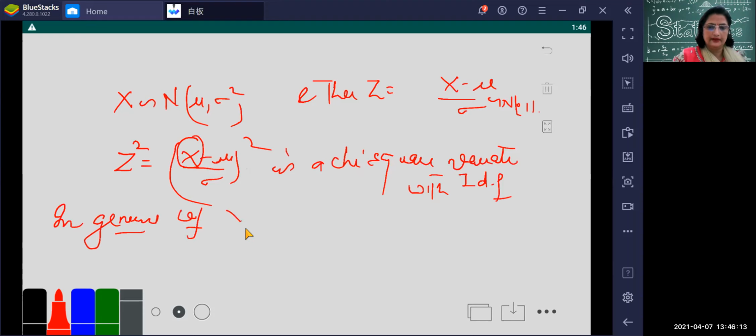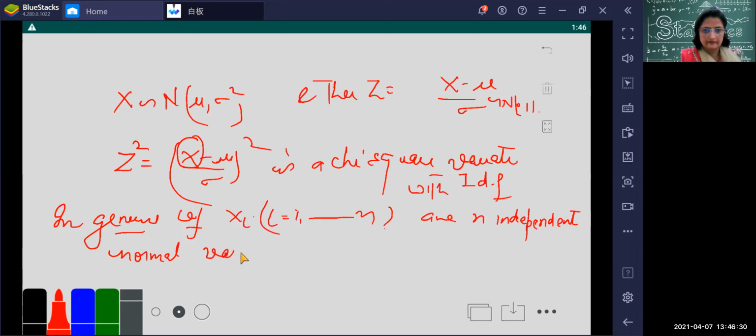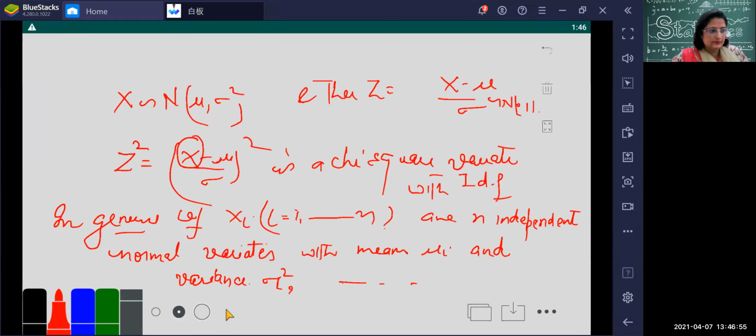In general, if Xi, with i running from 1 to n, are n independent normal variates with means mu i and variances sigma i square, then chi-square is the summation, i running from 1 to n, of (xi minus mu i by sigma i) whole square.